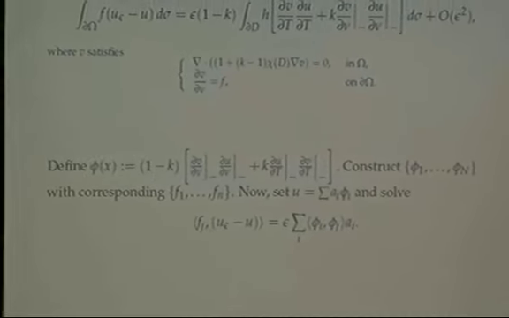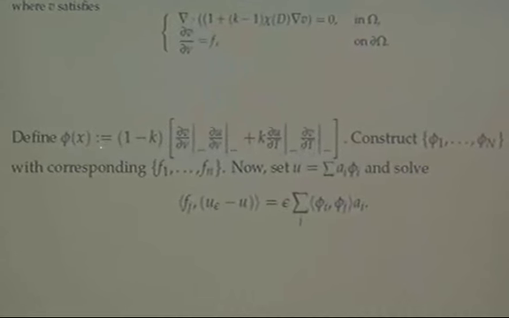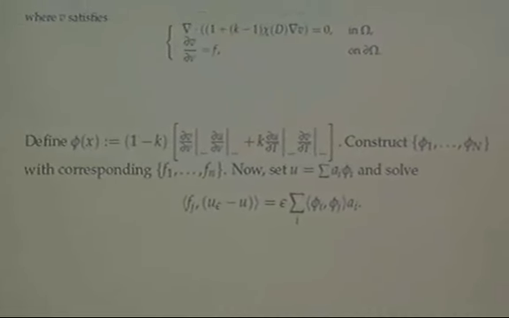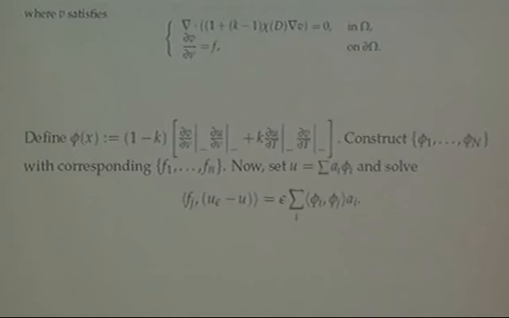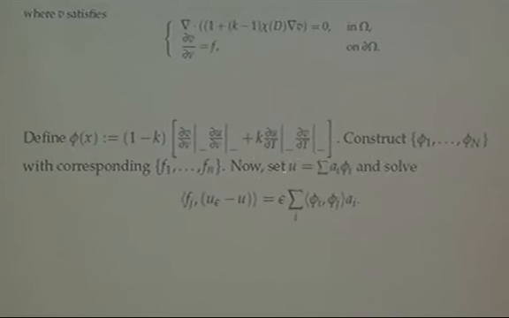So I define this bracket part as phi of x, and then construct the set of these phi functions, and then let's say expand h as a linear combination of these phi.